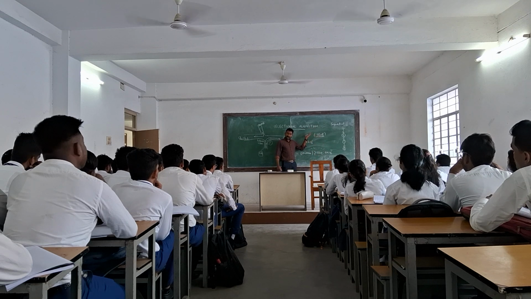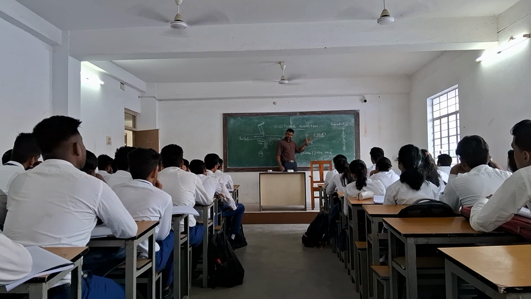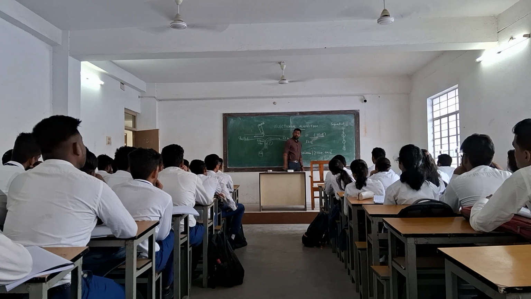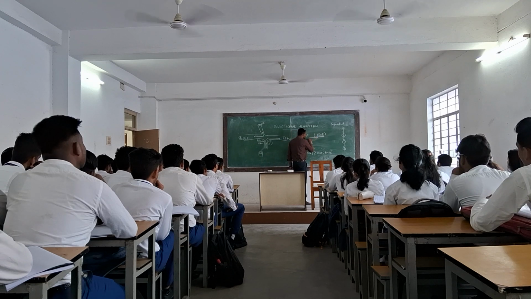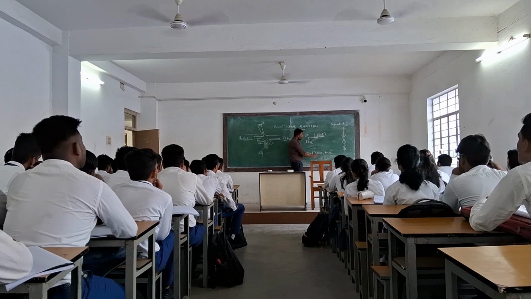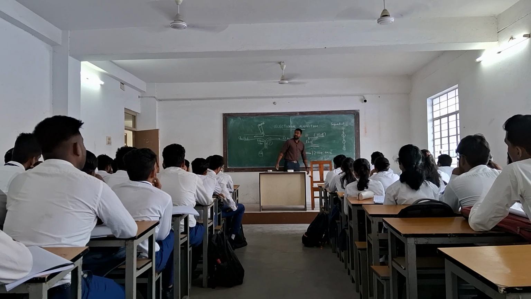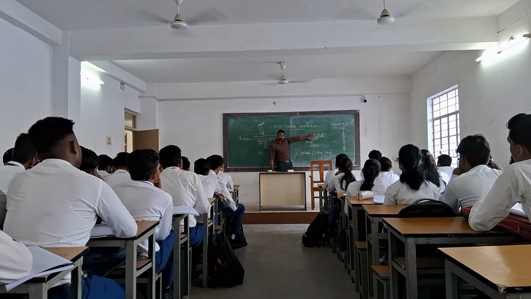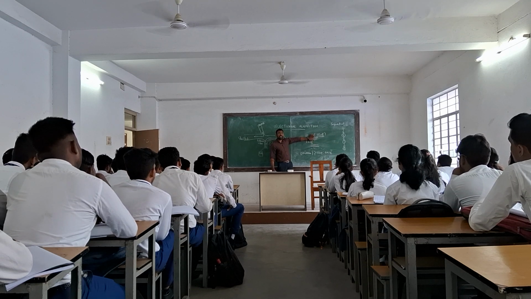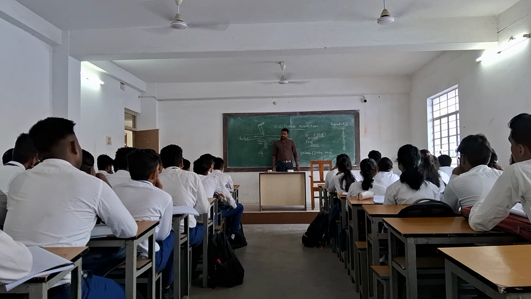Based on the condition, I will check that if the condition is true, then this path I will follow. If the condition is false, then this path I will follow. Either this set of code will be executed or this set of code will be executed. It is not possible that both sets of code will be executed.